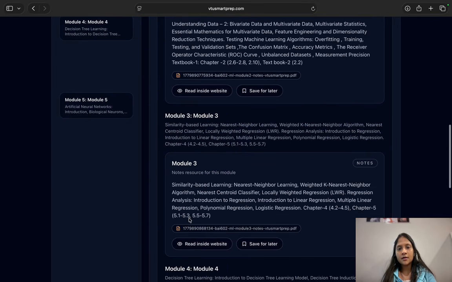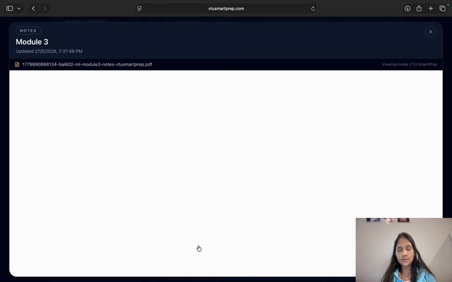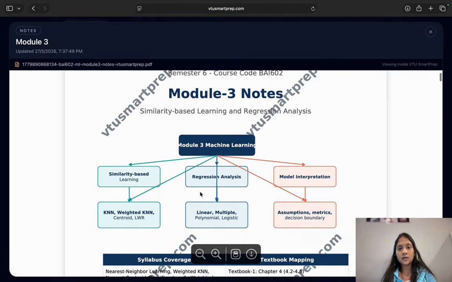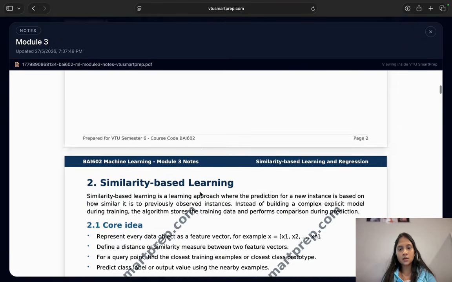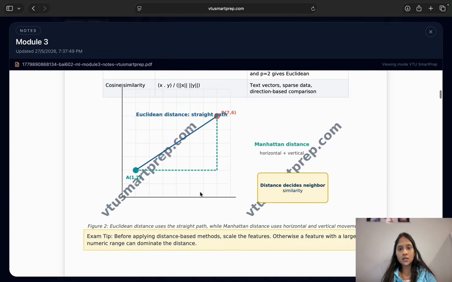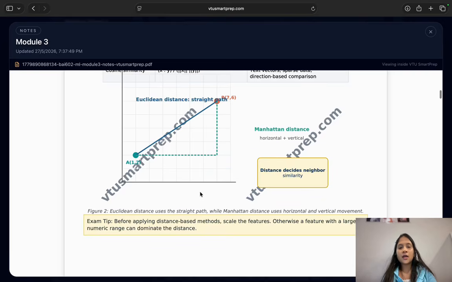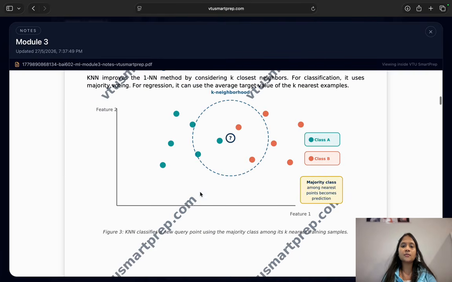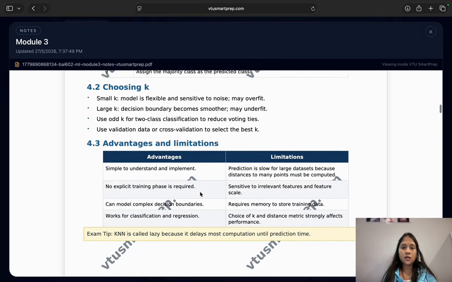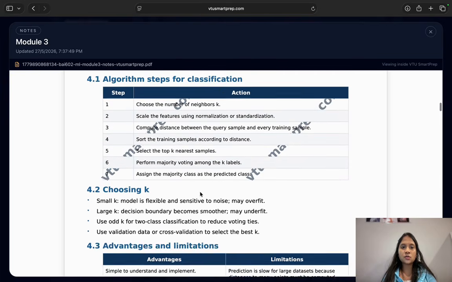Right now I discussed module 3. Here you can click inside the website, read inside the website, and you will be able to find the notes. These are generated notes. The diagrams are regenerated from the textbook, because I don't want any copyright issues.